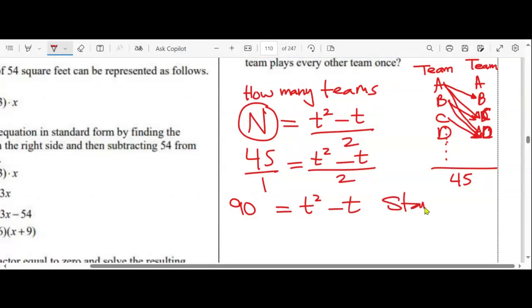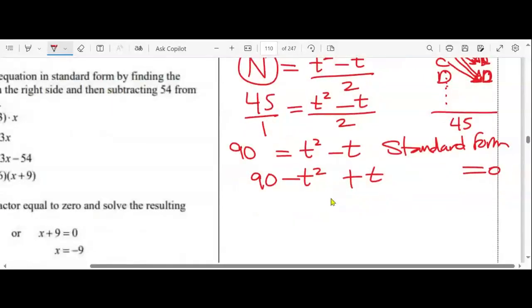Is this a standard form? So we have to make it standard form. Make it equal to 0. So we move everything to the other side. Okay? So 90 minus t squared minus t plus t. Okay? Now, this is not good. Why?